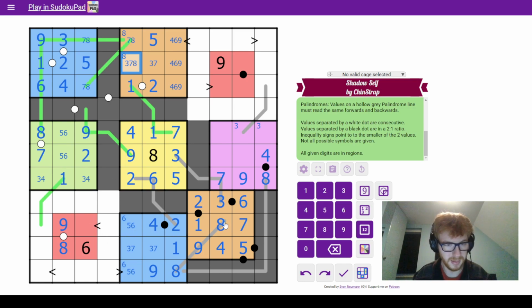Now I have to look at more stuff to finally finish off this puzzle. I wish that couldn't be a 3. That would make my job so much easier.